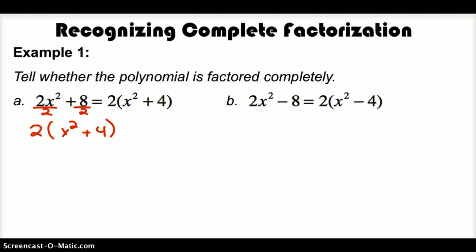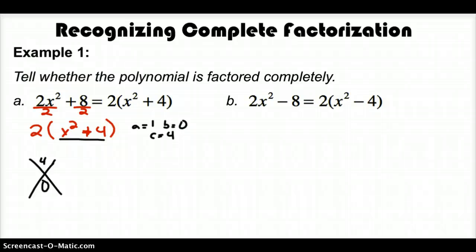And now we want to see if x squared plus 4 can actually be factored. Remember, in x squared plus 4, our a term is actually just 1, and our b term is 0 because there's no x term, and our c is 4. So can we think of any numbers that multiply to a times c, or multiply to 4, but add to 0?